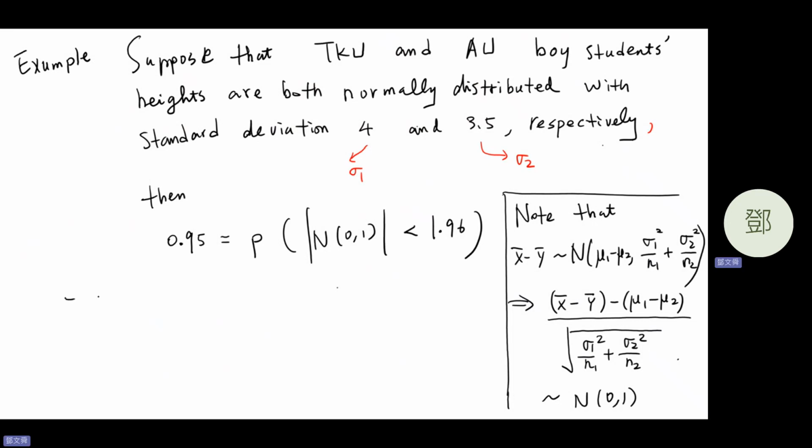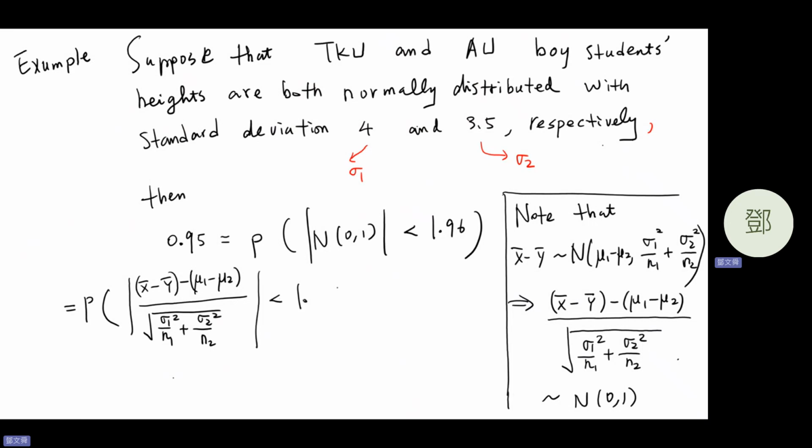Okay, this is equal to the probability that the absolute value of x bar minus y bar minus mu1 minus mu2, divided by the square root of sigma 1 square over n1 plus sigma 2 square over n2, is smaller than 1.96.